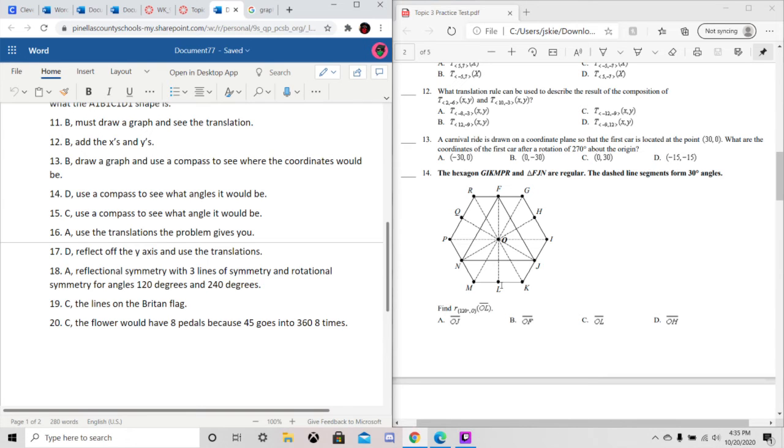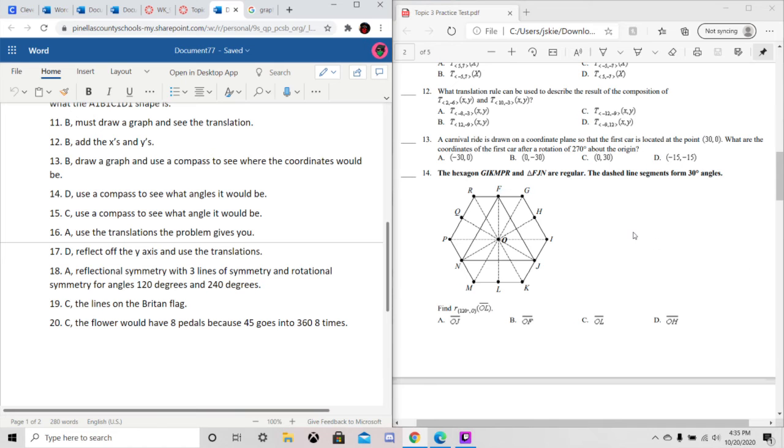So you would use a compass to see what the angles would be, but you could just say that unless you want to be really complicated. And if you want to be complicated, use Desmos. It's a lot easier. And you could just take a picture of the work on Desmos.